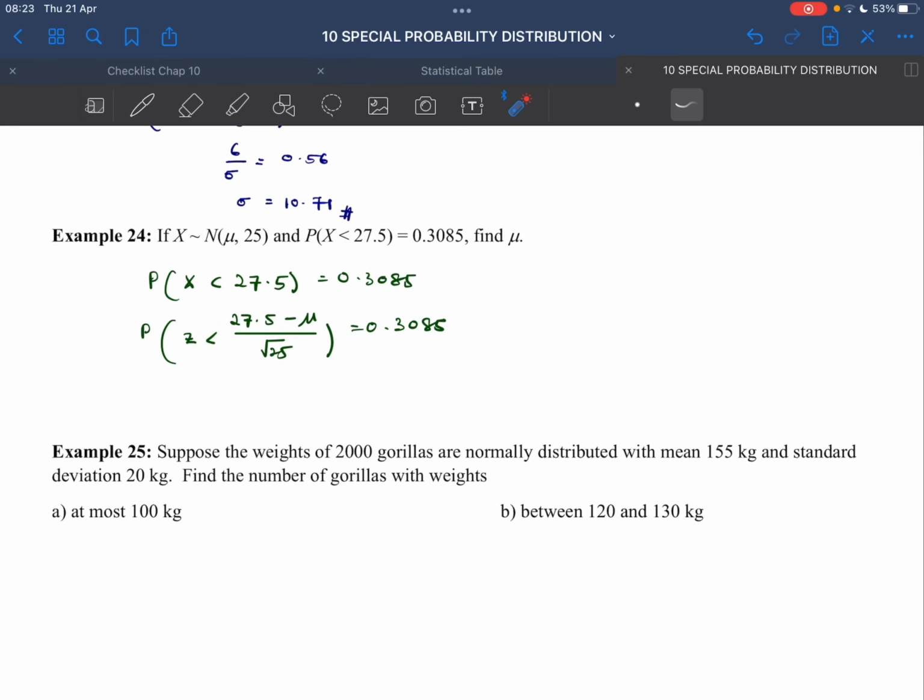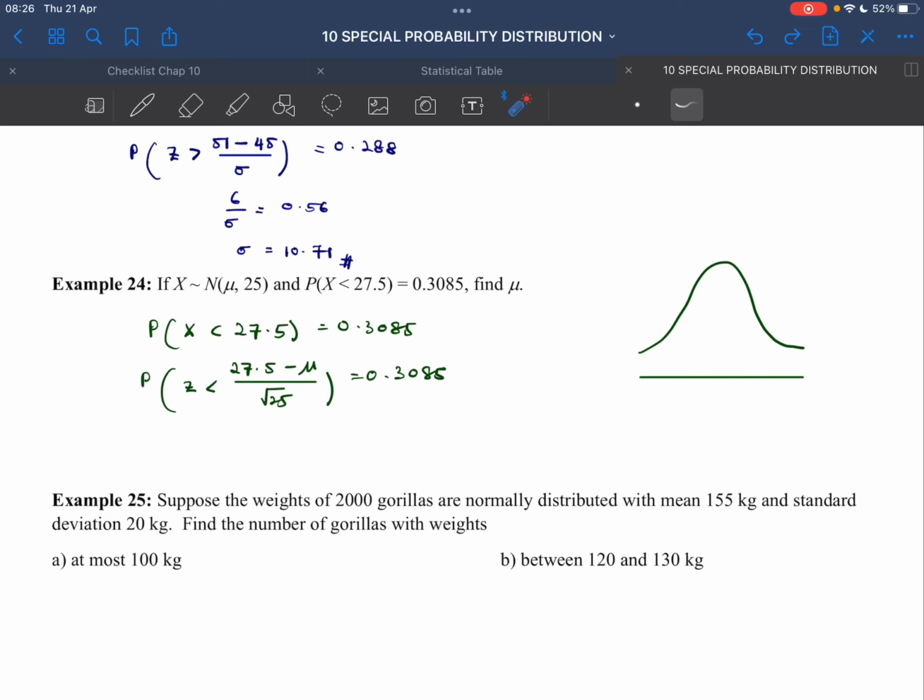So what we have to do is draw the bell shape. Here we have P(Z less than a). This represents P(Z less than a). Your a can be here or it can be here. Let's say your a is here.